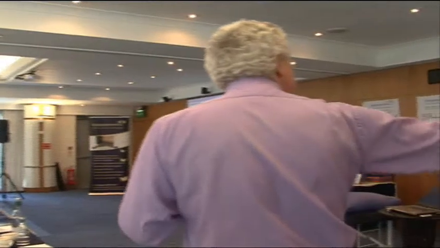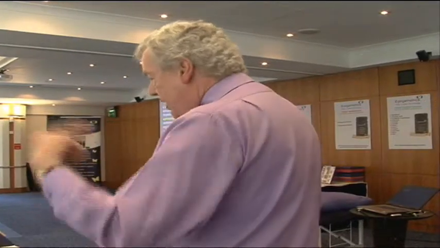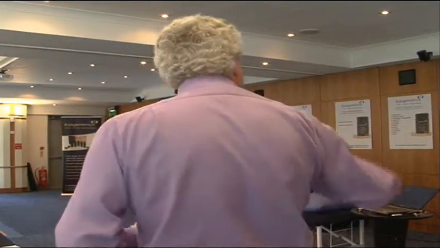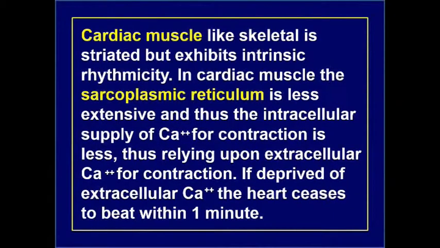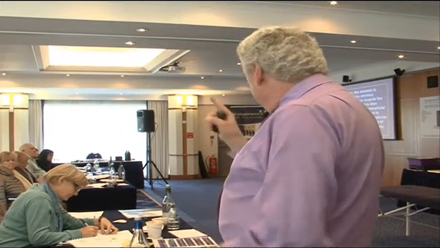But because the sarcoplasmic reticulum is less extensive in cardiac muscle, and that is what makes it really different, it has to get the calcium for every contraction of the muscle fiber from outside the fiber. So calcium has to flow in and out of the muscle fiber. This is the key thing. Without calcium, the muscle can't contract in the heart. If deprived of extracellular calcium, the heart ceases to beat within 1 minute.